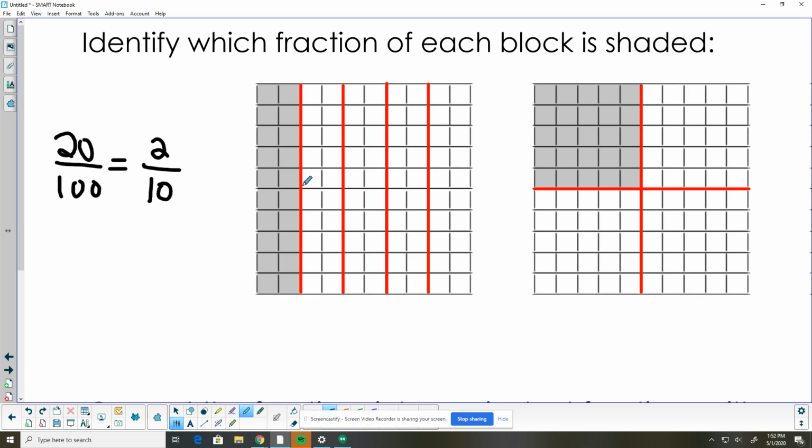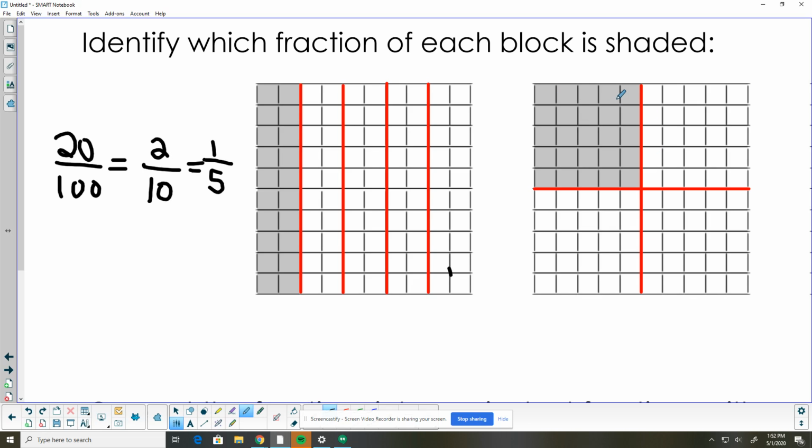But I also notice when I look at the red lines, they've divided it into 1, 2, 3, 4, 5 pieces. One of them is shaded. I know that's the same as 1/5. Oh, 20 hundredths, same as 2/10, same as 1/5.